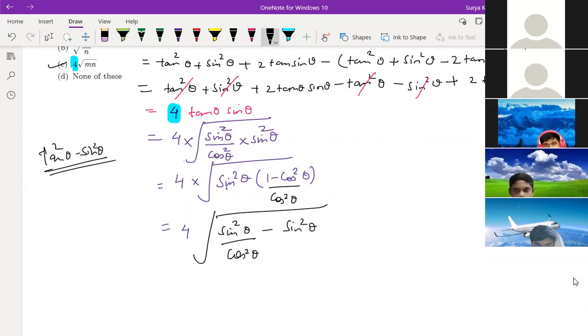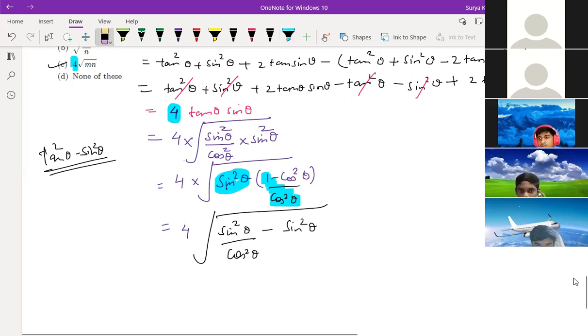See, this is going to multiply with this, right? Sine is going to multiply with this complete part. Sine is going to multiply with this 1 by cos theta, and again sine is going to multiply with the same thing, right? So sine theta by cos theta, and minus sine square theta. You will get root over of tan square theta minus sine square theta.